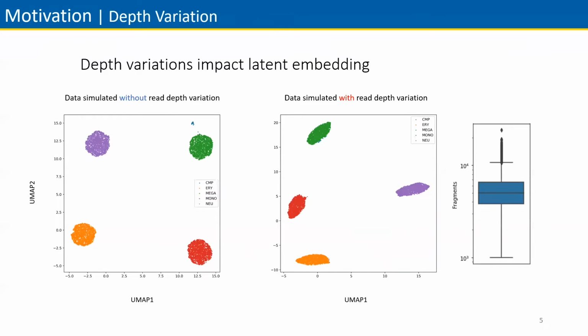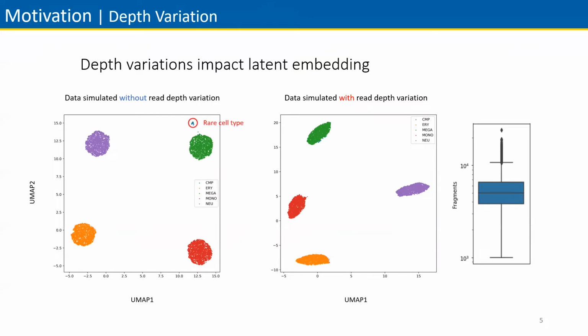The left one is simulated without depth variation, so all the cells have the same number of fragments. The right one is simulated with depth variation. The read depth of each cell in the simulation is sampled from a log normal distribution.